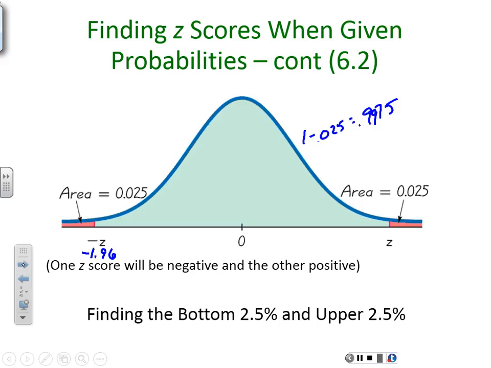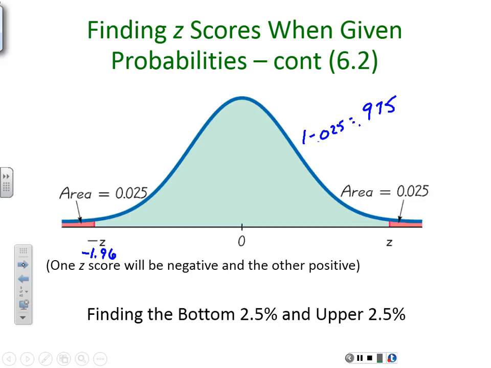Why? First time was right? All right. So find what's your area to the right. So look for the 1.9 or look for the 0.975 and figure out what the z-score is.